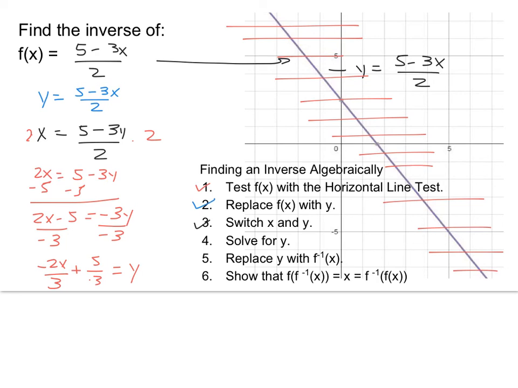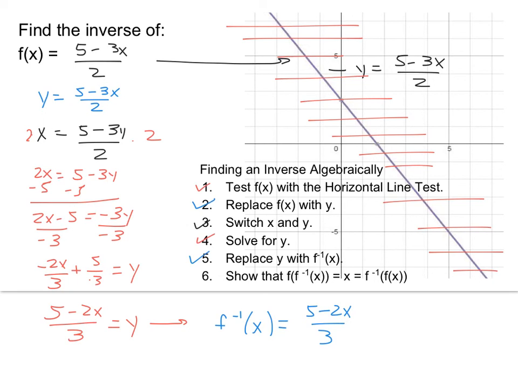So I could do it like this: 5, since I have a common denominator, minus 2x over 3 equals y. So I solved for y. And so now I need to do my proper notation. So I'm going to say f inverse of x equals (5 minus 2x) over 3.